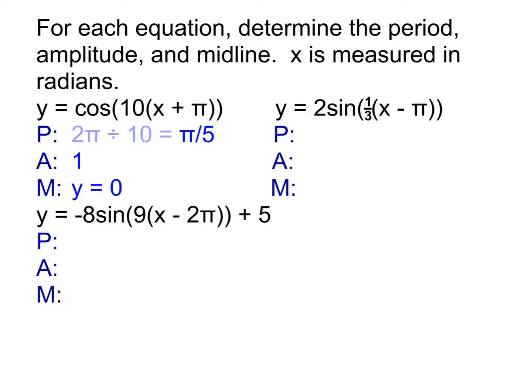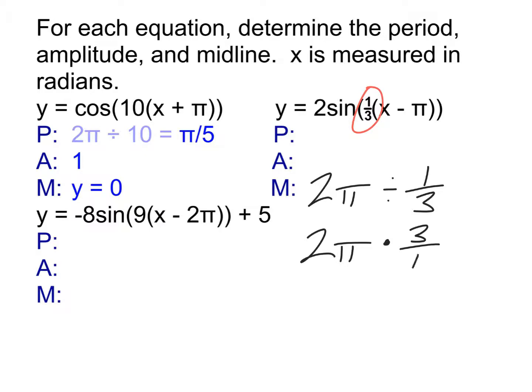From here, the one that I expect to cause any other lingering problems is actually probably the 1/3. Because in order to deal with that, I'm still going to be doing 2 pi divided by that number to find my period. But that means doing 2 pi divided by 1/3, and sometimes we get a little rusty with dividing fractions. So if you are a little rusty on how to divide by a fraction, the rule is that we multiply by the reciprocal.